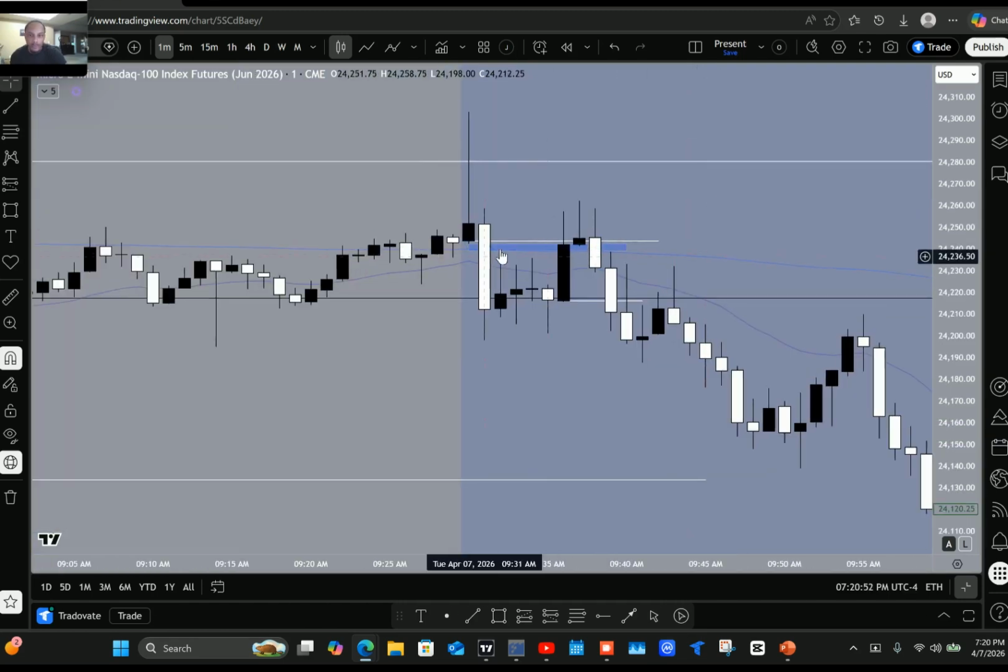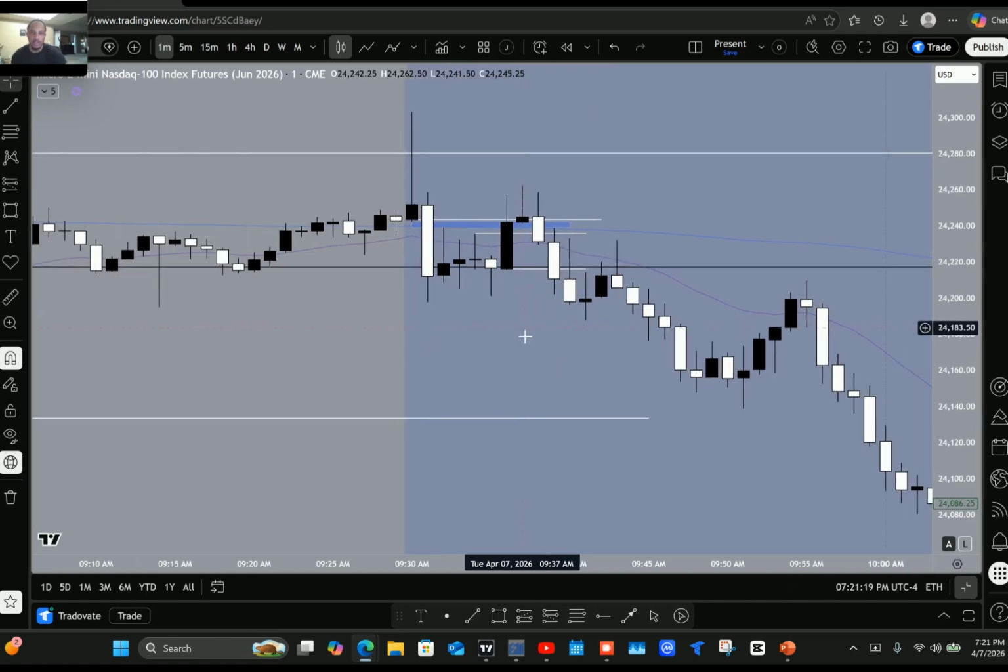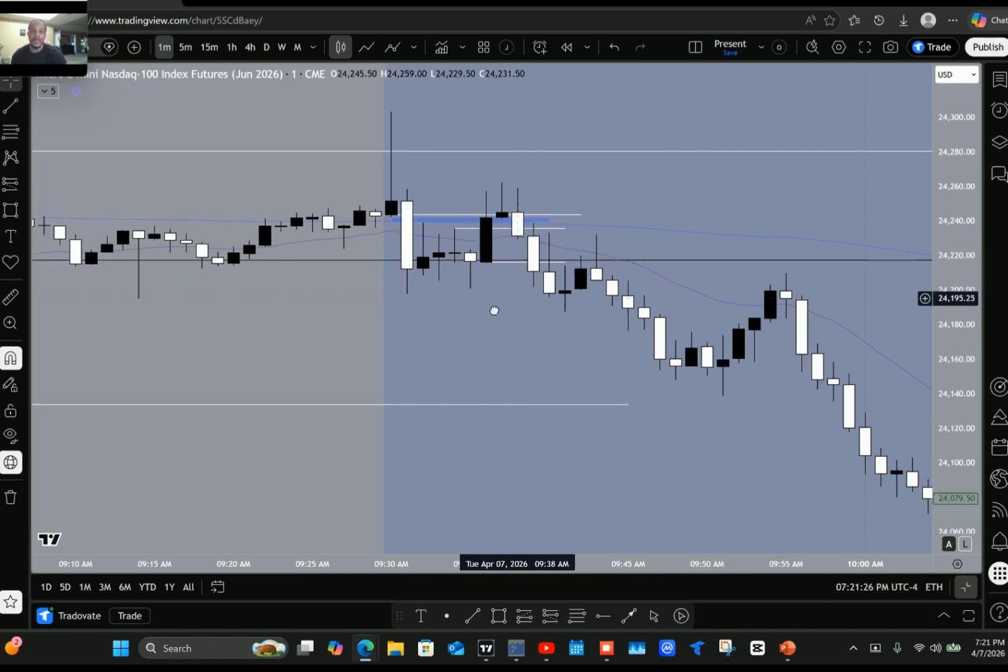We close above that fair value gap, but it's a fast drop right back below the series of up candles, creating this order block. All right, as well as we don't even have to worry about that, because we have a swing high right here, and we ran above that swing high and then got that candle closure. So us closing above the fair value gap really doesn't matter. This is still considered as a sweep of a swing high, and we got the candle closure.